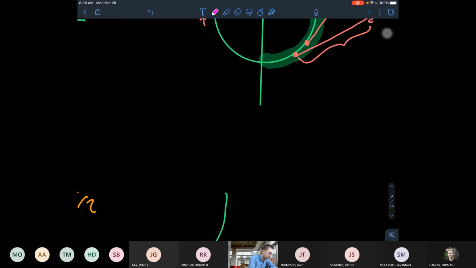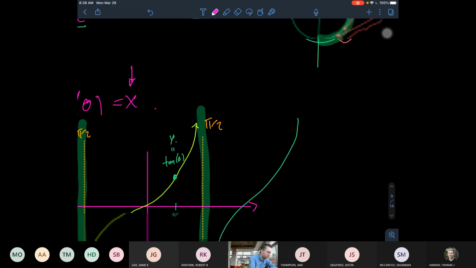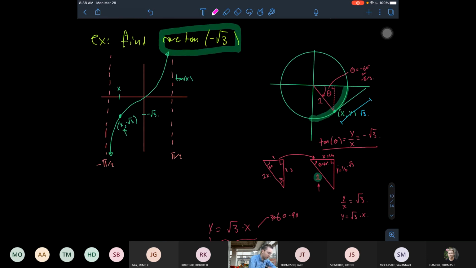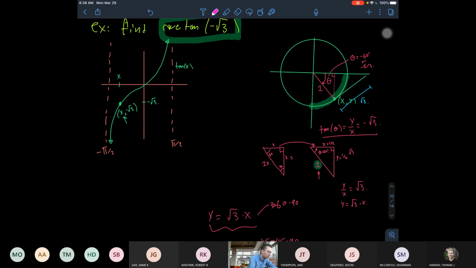So the way we understood it was, well, we don't know what the y value or the x value is of the point on the unit circle, but I know what the ratio is between them. And if the ratio between these two side lengths looks like the ratio between side lengths of a special right triangle, then I'm in good shape.